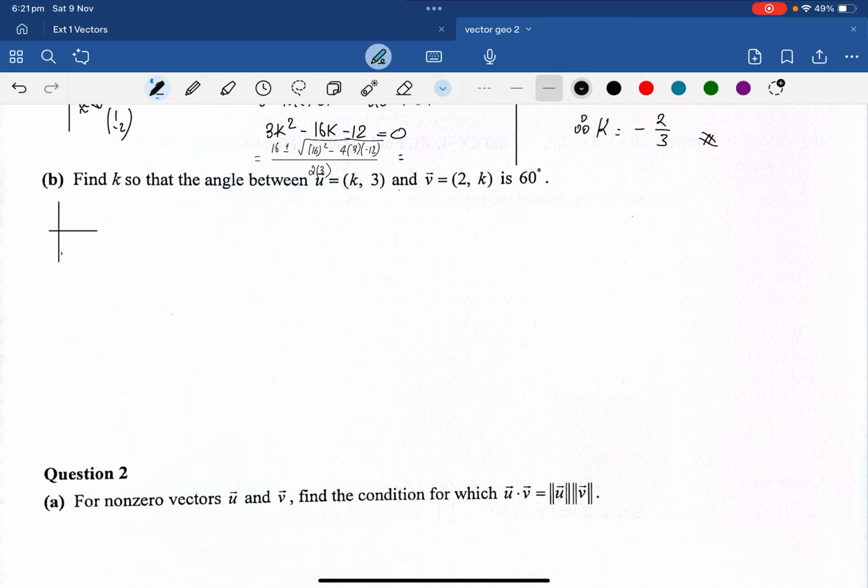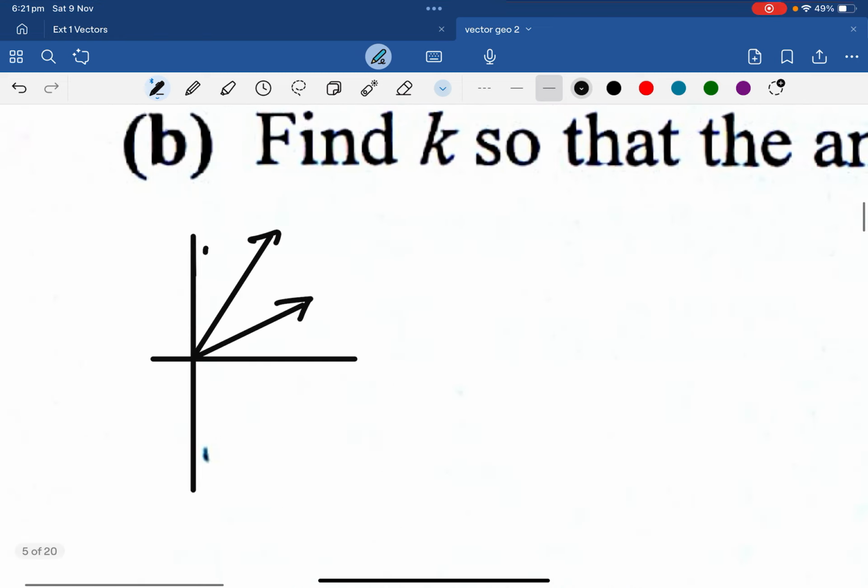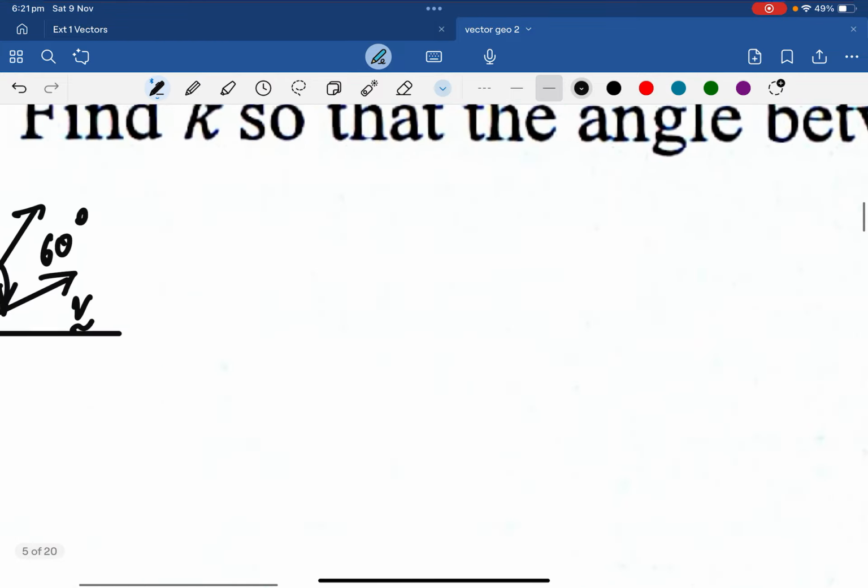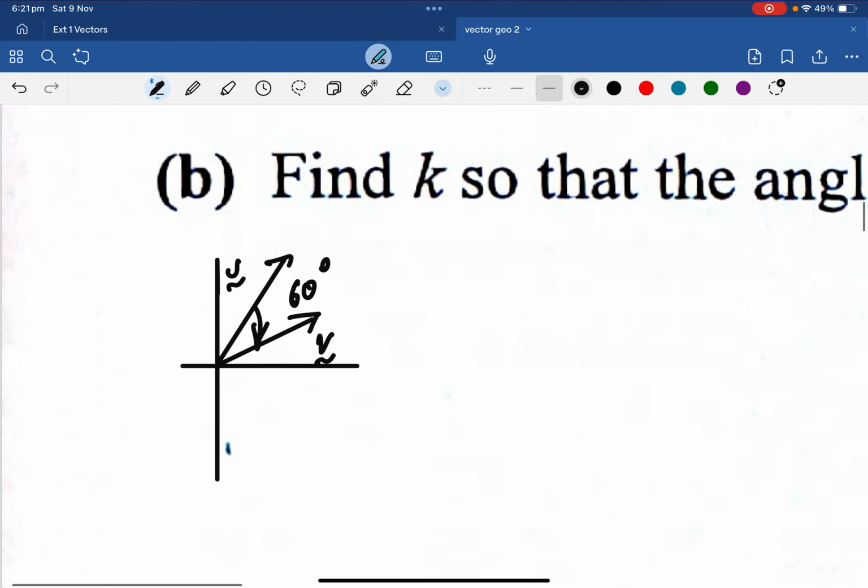So let's take this to be k, and v is 2k. Let this be u and let this be v, and this angle is 60 degrees. Okay, easy.